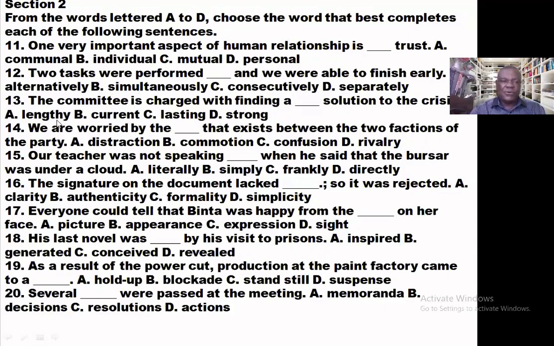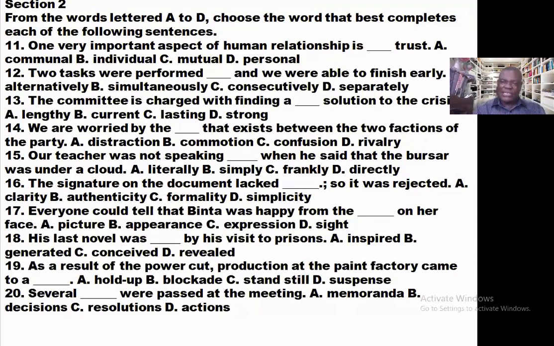A, lengthy, no. B, current, no. C, lasting. You talk of a lasting solution. That is collocation. These two words are like twins. Whenever we talk of solution, we are looking for a lasting solution to a given problem.